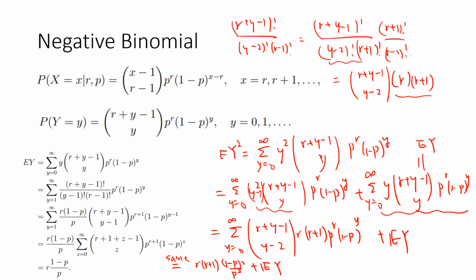Okay, so let's see the so-called negative binomial. In this video I will not talk about the meaning of negative binomial. I will just talk about the expectation value and the variance.